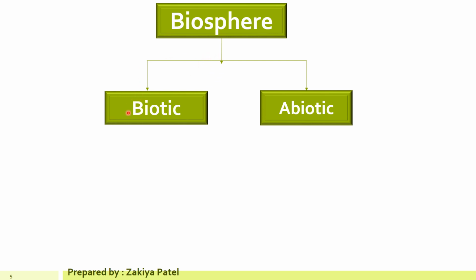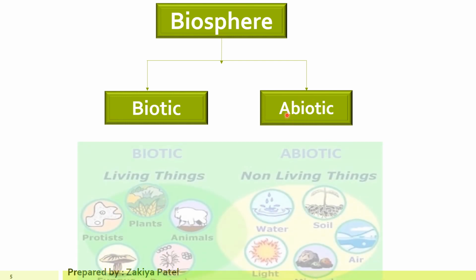So here, biotic means something related to living, something related to life, and abiotic means something related to non-living. Living things constitute the biotic components of the biosphere, and non-living things constitute the abiotic components of the biosphere.